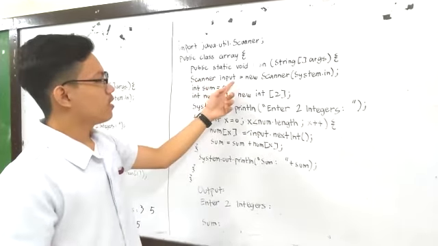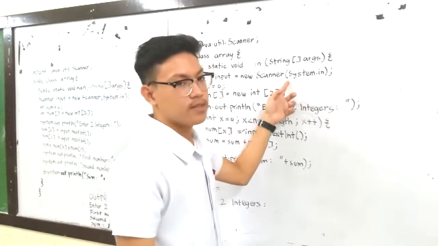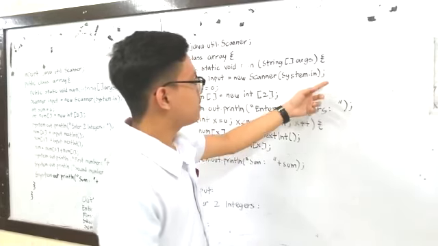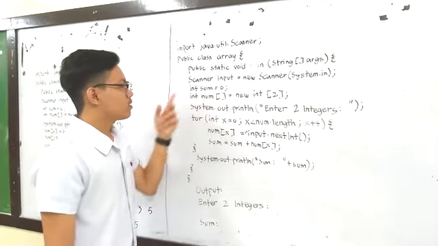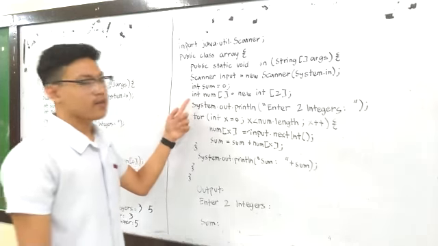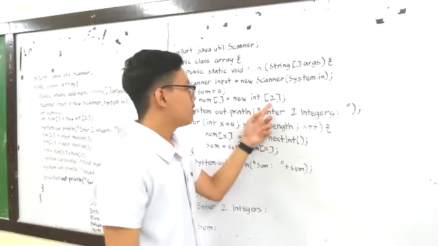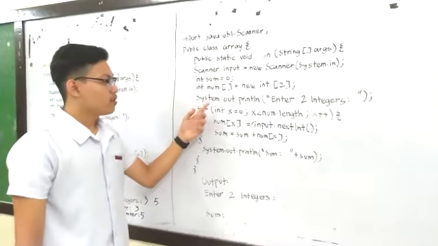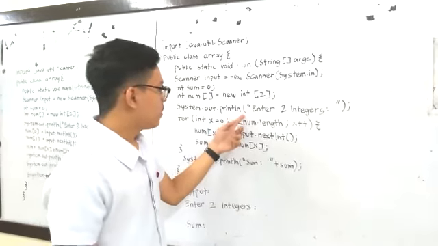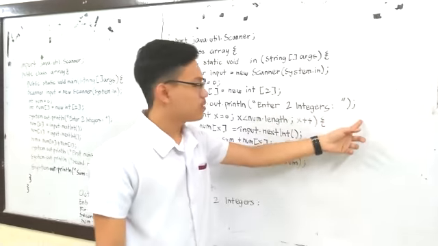Scanner input equals new Scanner, then open parenthesis, System.in, close parenthesis, then semicolon. Int sum equals 0, semicolon. Int num, open and close bracket, equals new int, then index 2, semicolon. System.out.print, then open parenthesis, "Enter two integers", then close parenthesis, then semicolon.